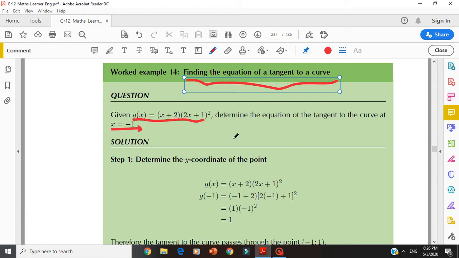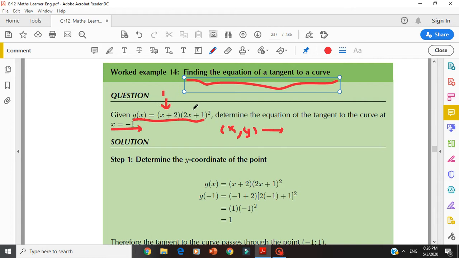Now you could tell me I don't have a point, I just got the x coordinate. Well, you can get your y point by simply subbing x into the original equation to get your corresponding y. If I substitute minus 1 into this bracket, I get 1.